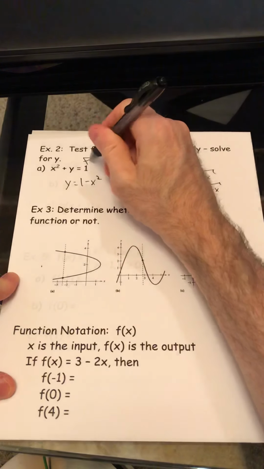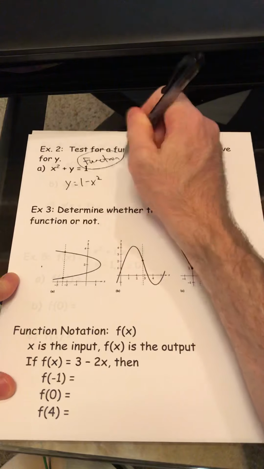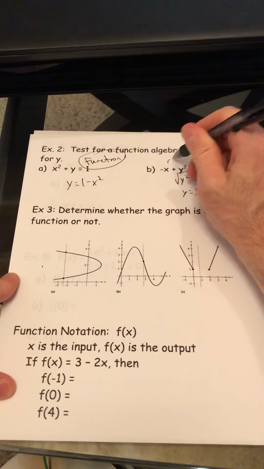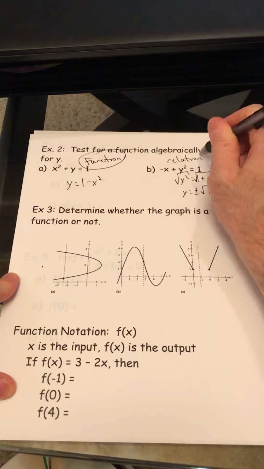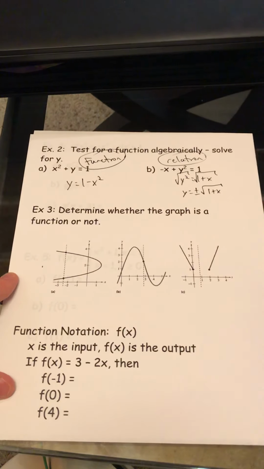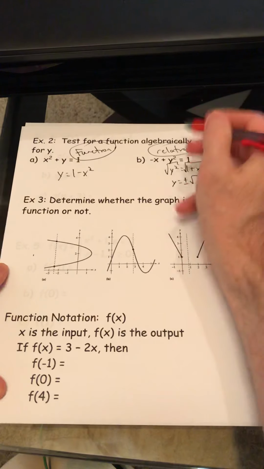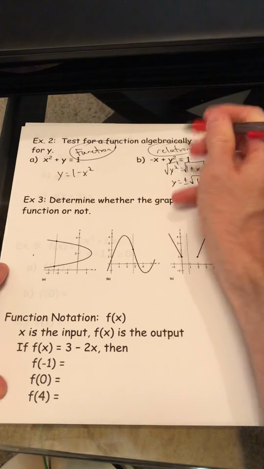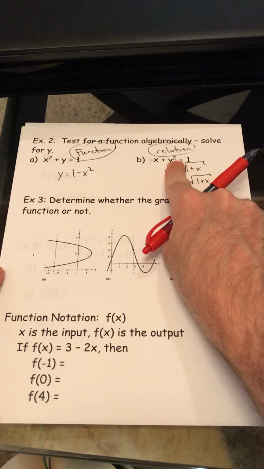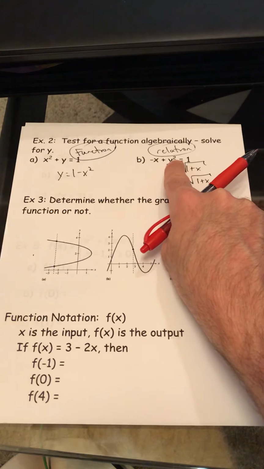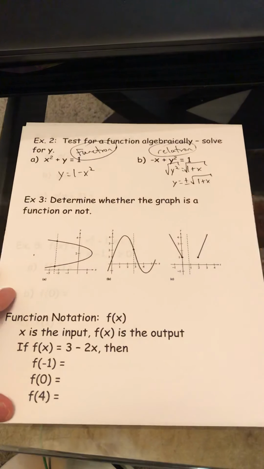So this one is a function, this one is a relation, or not a function. The way you can always determine that is when you have y to the second. If you have an even power of y, that's not going to be a function, whether it's y squared, y to the fourth, and so on.